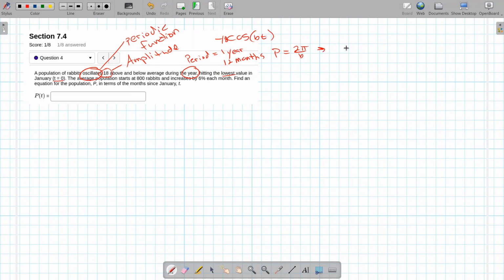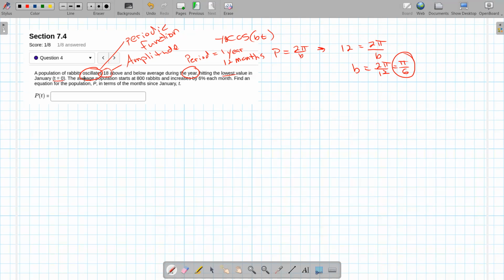So 12 equals 2 pi over b. Multiply the b up, divide the 12 down. So b should be pi over 6. So I got b now, I've got a. I have a negative cosine.